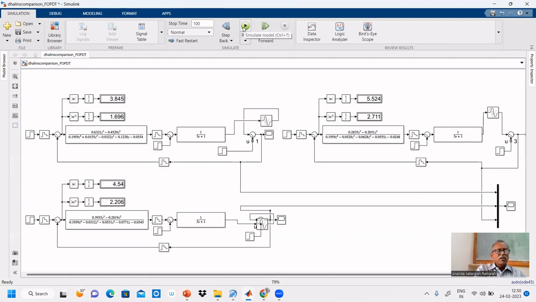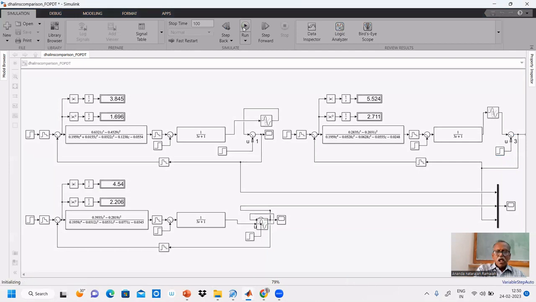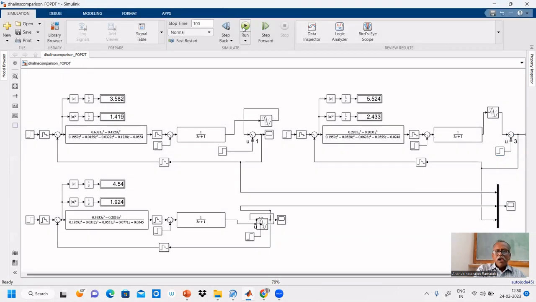Now we are doing for regulatory. Notice that for mu equal to 1, you have lesser IAE and ISE. For mu equal to 2, higher.